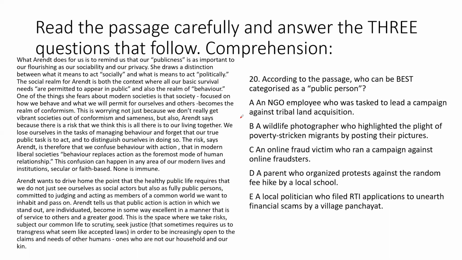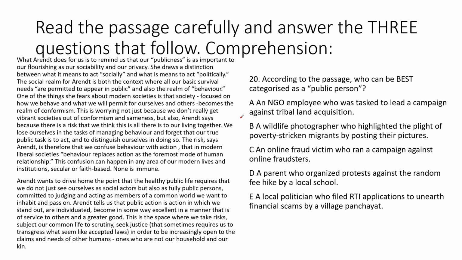So what the author is saying is that she fears modern society because society has certain norms and these norms turn into conformism. This is worrying not just because we don't really get vibrant societies out of conformism and sameness, but also, Arendt says, because there's a risk that we think this is all there is to our living together.